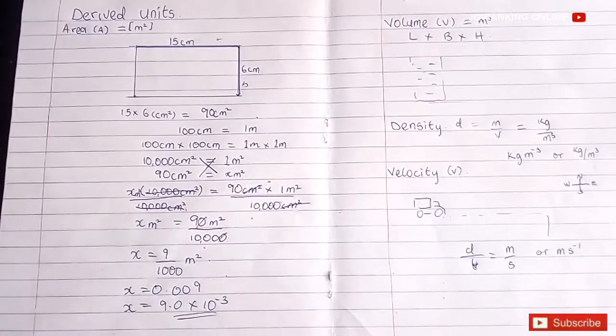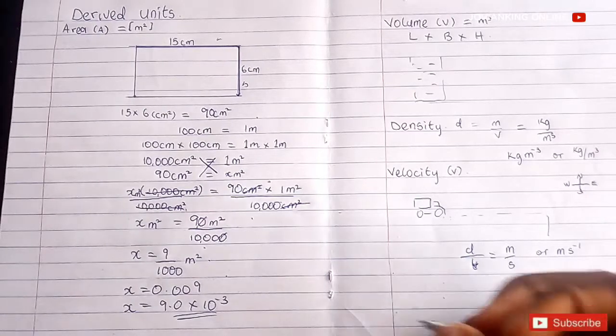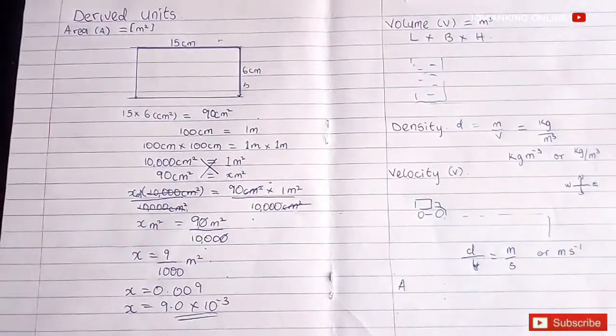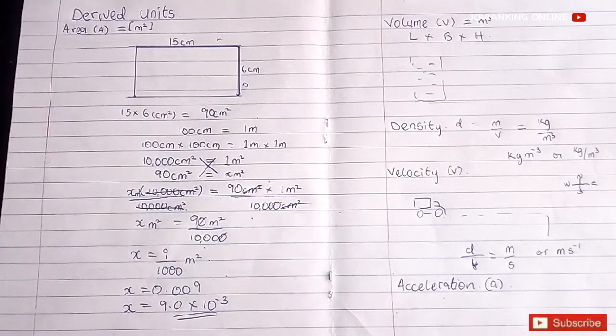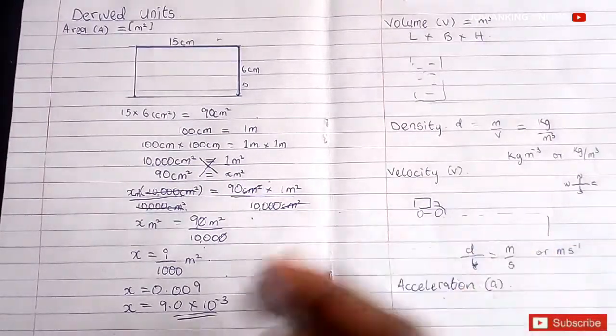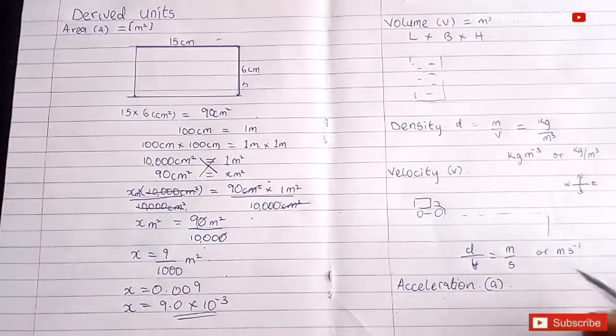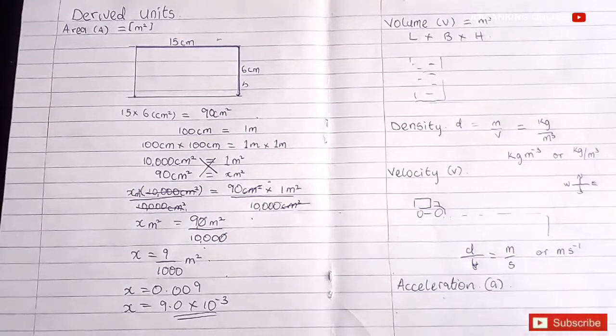We have another one, acceleration. We say that acceleration is the change in velocity per time. So by acceleration, we mean when we calculate the displacement per time, then we say that the velocity now per time.